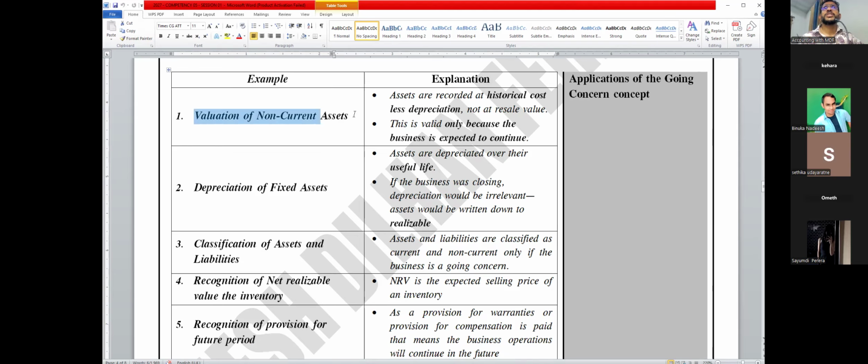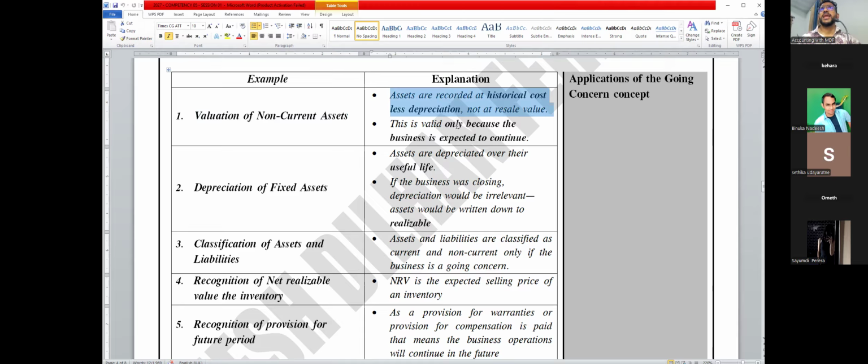Valuation of current and non-current assets. The concept of going concern helps you to value assets. How? Assets are recorded at historical cost less depreciation, not at resale value.